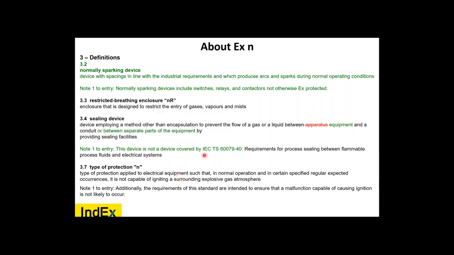Well, a device employing a method to ensure, other than encapsulation, to prevent the flow of gas or liquid between equipment and a conduit before or between separate parts of equipment by providing sealing facilities. Now, what do they mean by that? Well, there was EXNC encapsulation type that has been removed and changed to EXMC, M for encapsulation. So they're trying to make the standards easier to understand, but there's been a lot of changes and it can still be confusing.